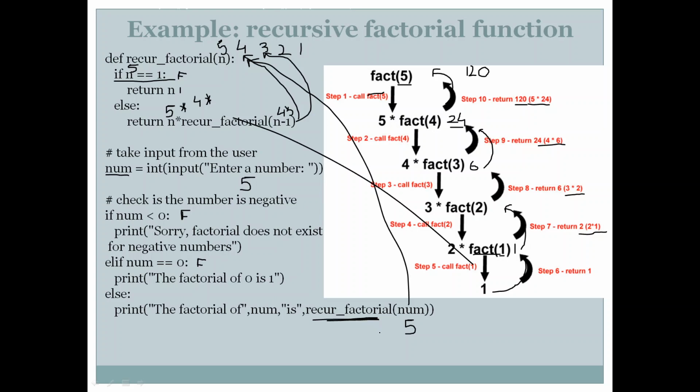So that will be our factorial of 5. When we call the factorial function, it goes on calling the same function multiple times, and when it reaches the stopping condition, the values are returned back in the reverse way, by calculating the factorial. So this is how the recursive factorial function works.